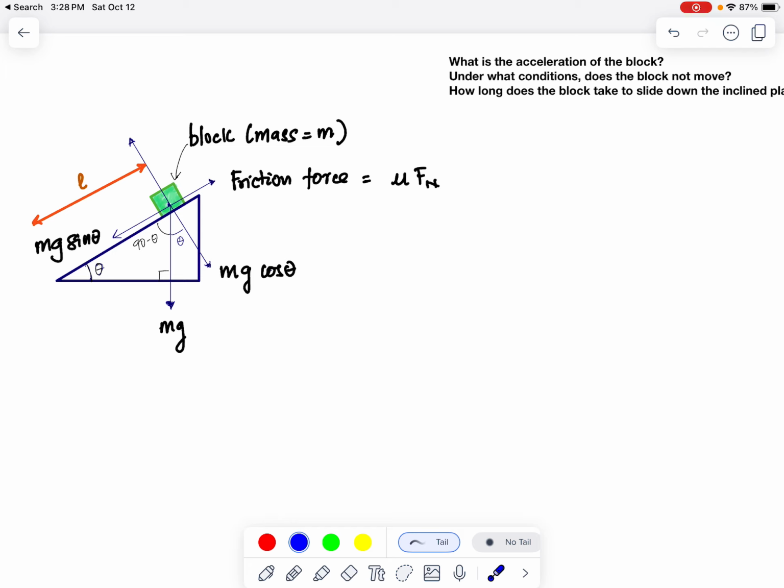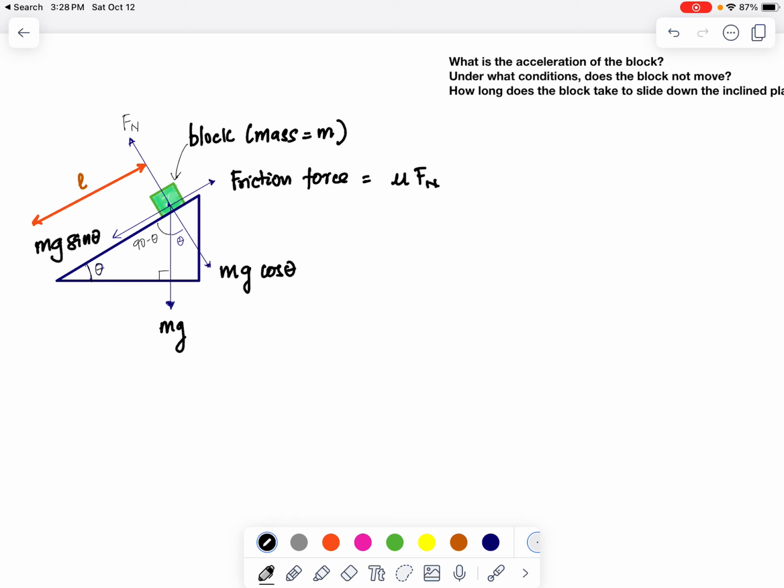The thing to note here is that there is a normal force that keeps the block on the inclined plane. This normal force is exerted by the inclined plane on the block, and it counteracts the effect of the weight of the block.